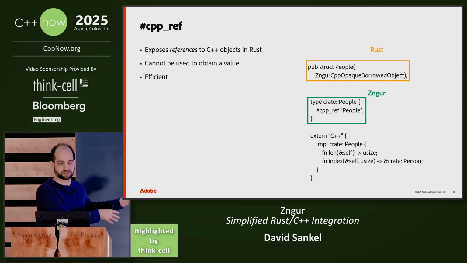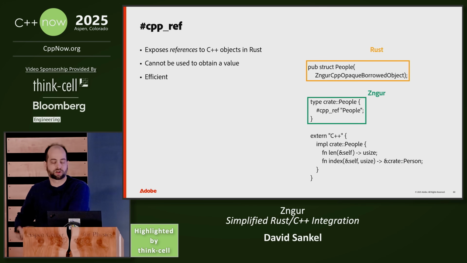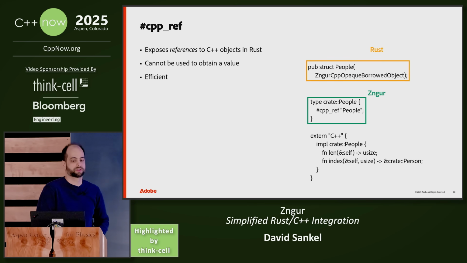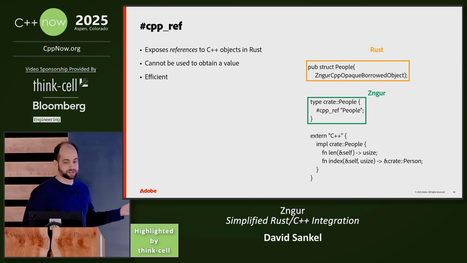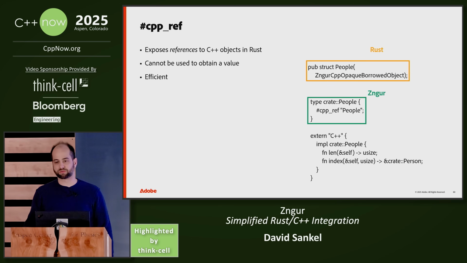It's in C++, and you just get a reference to it in Rust. And there's no way you can get the actual underlying object from the reference. You just always have a reference. So this is very efficient, obviously, because we're just talking about a single pointer here. It can be on the stack or on the heap, but C++ only. That's one way to do it, right? And then you can use it otherwise just normally in Rust.